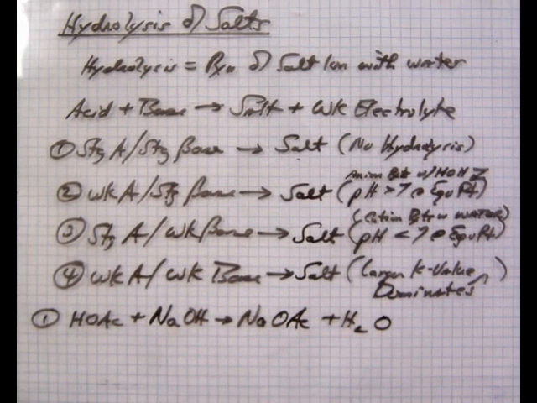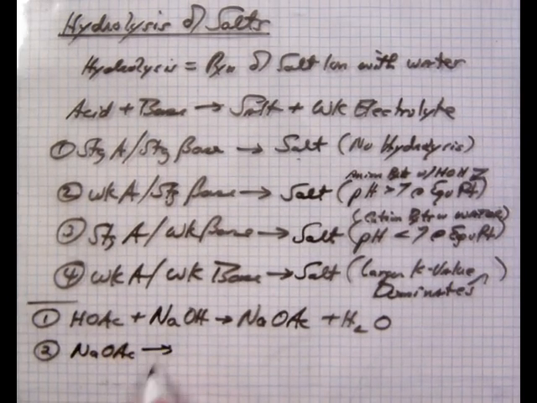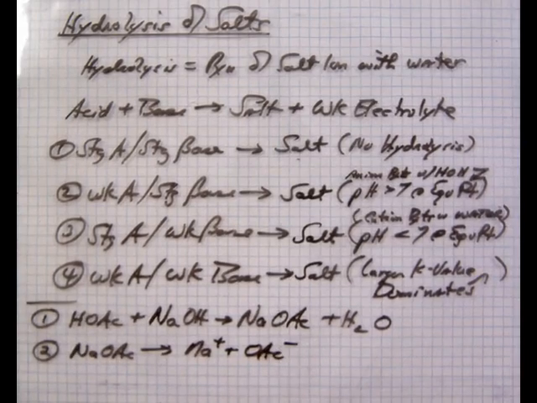So that's your first reaction that you need to deal with in a hydrolysis problem. The second reaction is ionization of the salt, so NaOAc goes to Na plus and OAc minus.